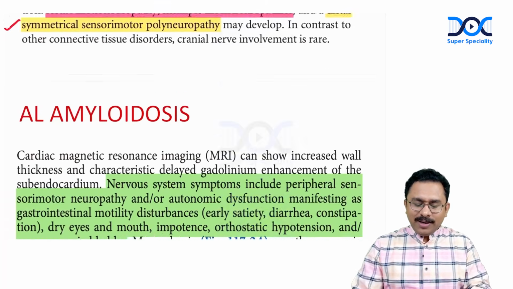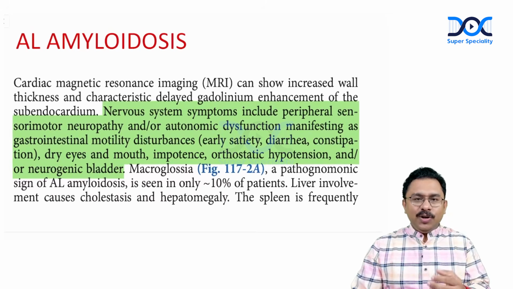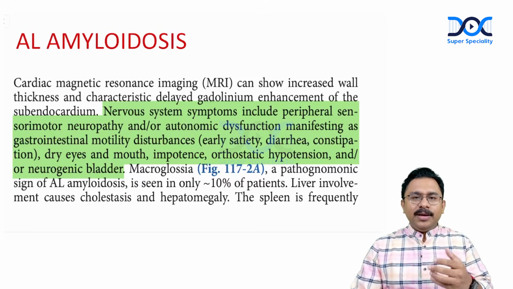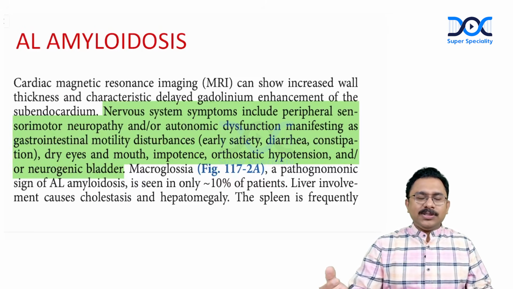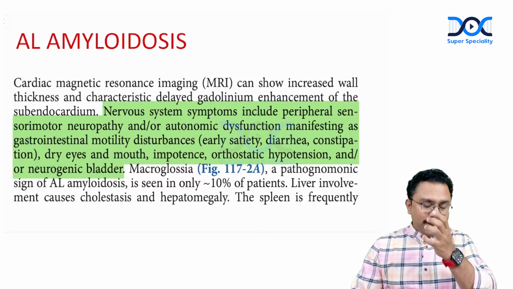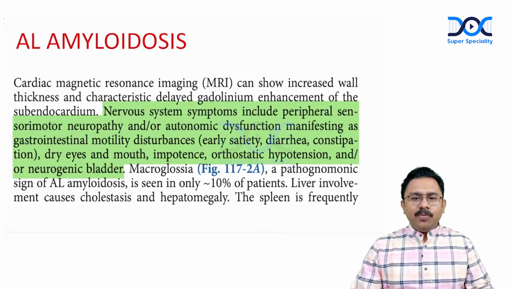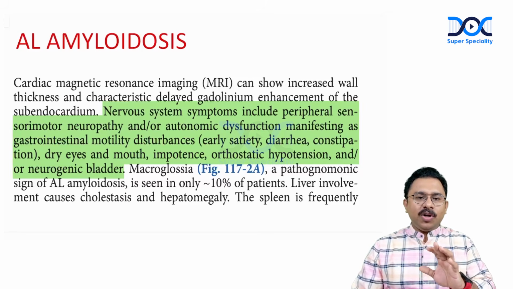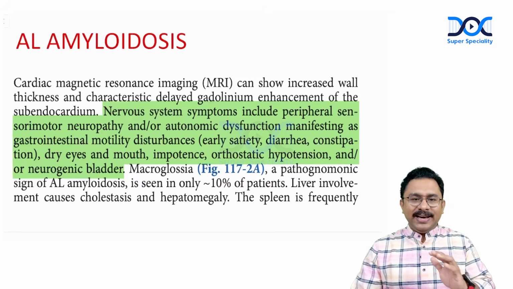Now, when you look at amyloid neuropathy, in long standing rheumatoid arthritis, you can have AL amyloidosis resulting in amyloid neuropathy. But one point I want to tell you is that in amyloid neuropathy, you are going to have prominent autonomic features. That is what I've highlighted.